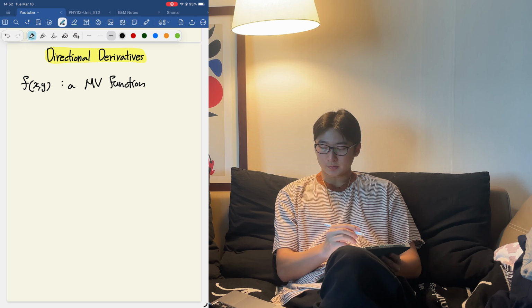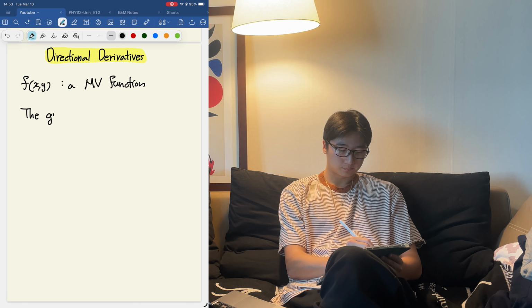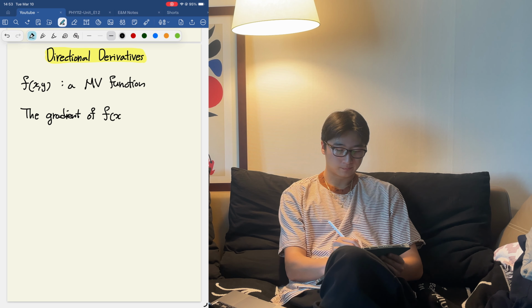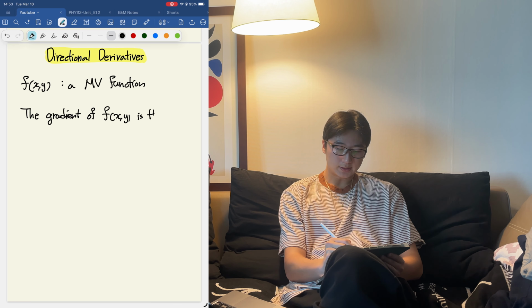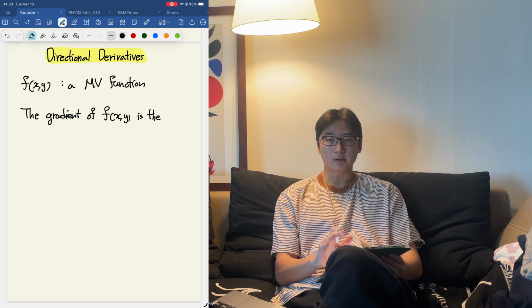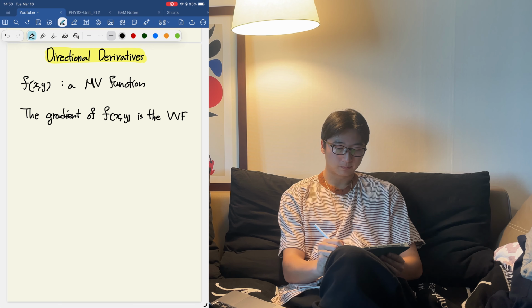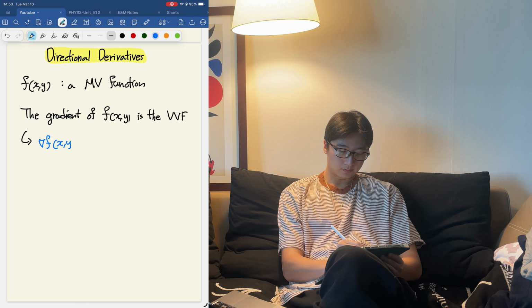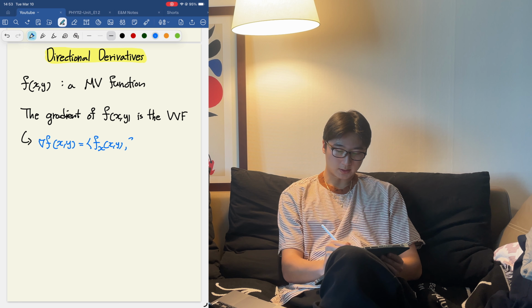So the gradient of the function f of x and y is a vector valued function, such that the gradient of f is partial x of x, y and partial y of x, y.